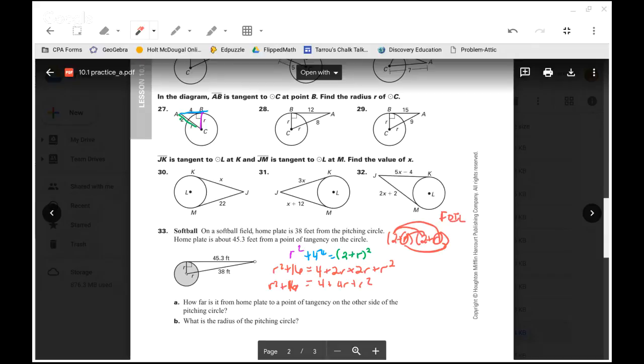Okay, so NQ is not 70. Look at the line that goes from M to O to Q. See how that goes all the way through the center of the circle and then to the other side? So we know that that is going to be a diameter.